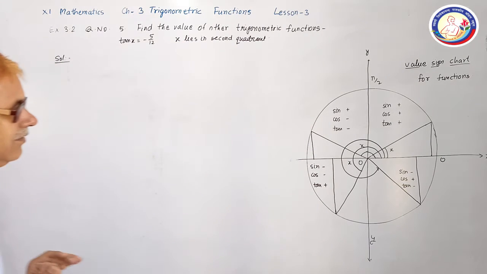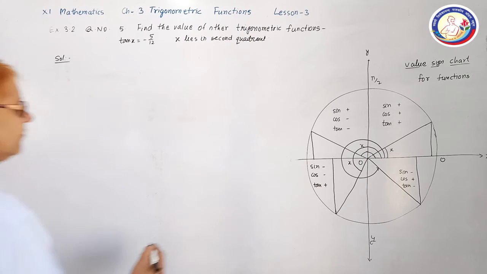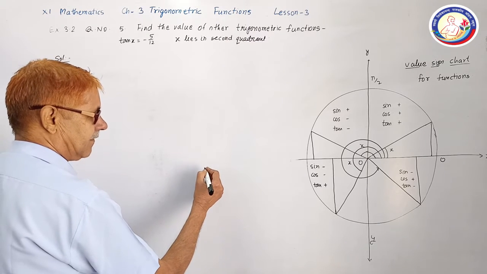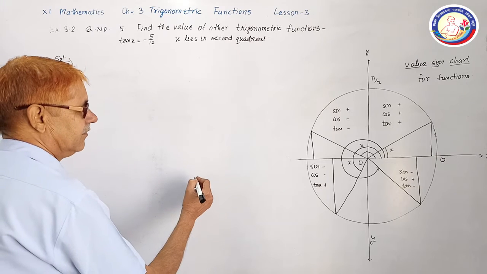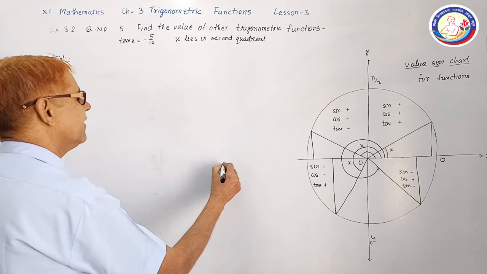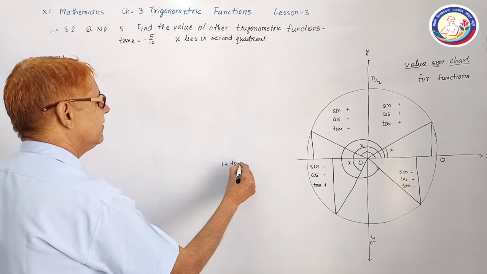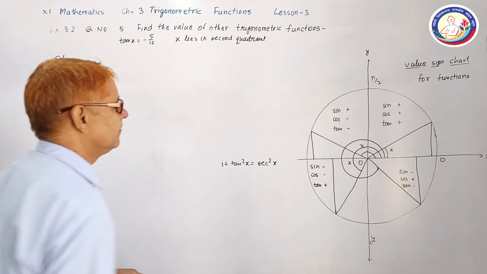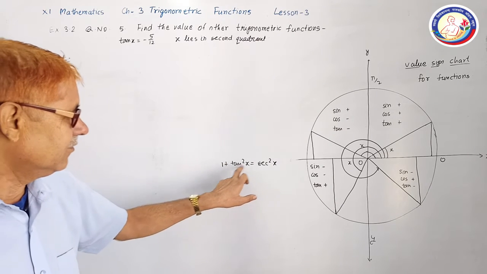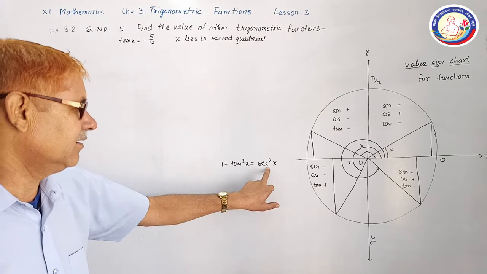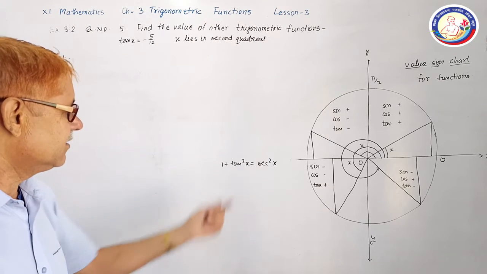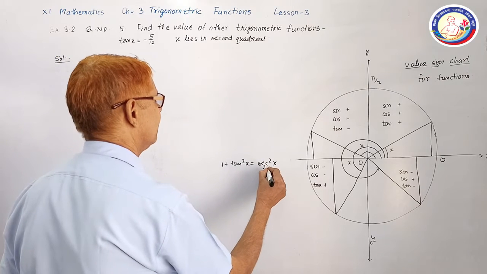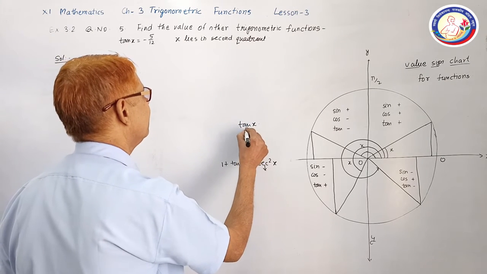So first of all, find the remaining 2 principal ratios, sine and cosine. We know about the fundamental identities. 1 plus tangent square x equal to sec square x. So we can use this to find the value of sec x. Tangent x is given.